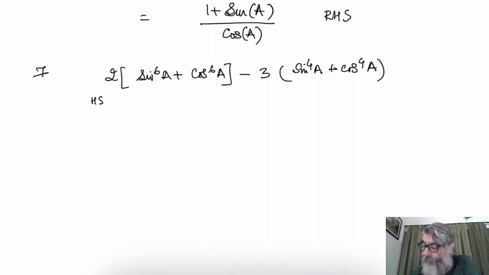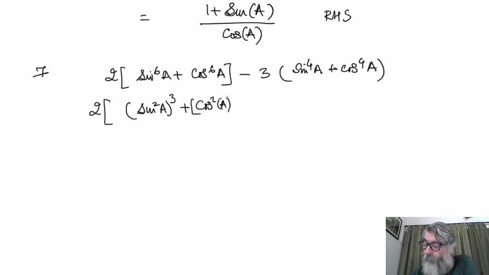So we have 2 into ((sin square a) to the power 3 + (cos square a) to the power 3) - 3 into (sin to the power 4 a + cos to the power 4 a).